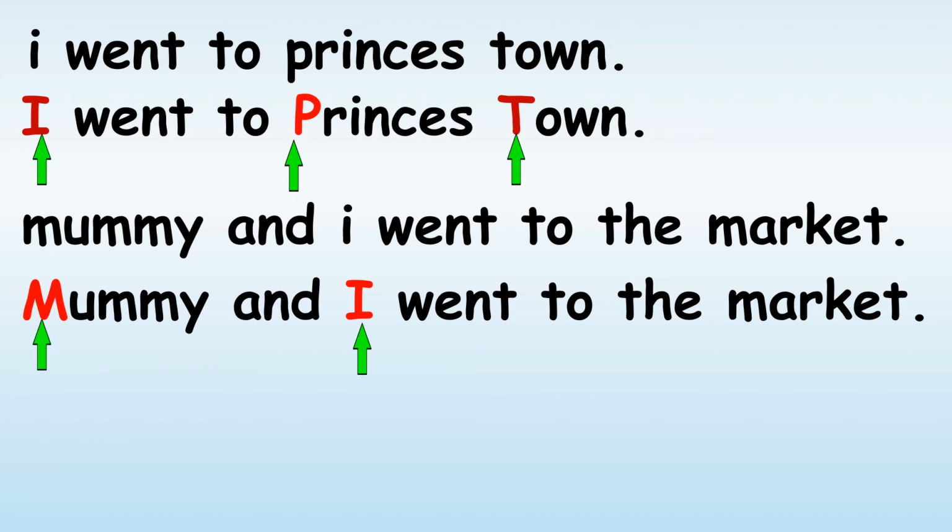But if I said Mommy and I went to San Fernando Market or Princestown Market, then we would put that word in a capital letter. But market is just a general name and it could be any market you are talking about. So it's not a specific or special market.